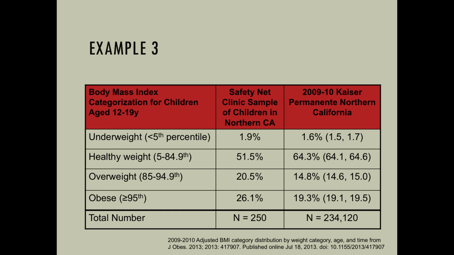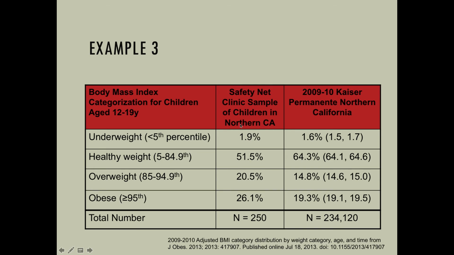Okay, that's a good reason, but what we want to see ideally would be our ranges fall between these two values in this confidence interval. So then we would have the exact same population in our clinic as represented in the entire area of Northern California.